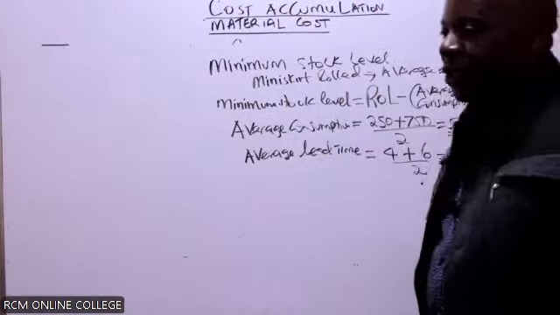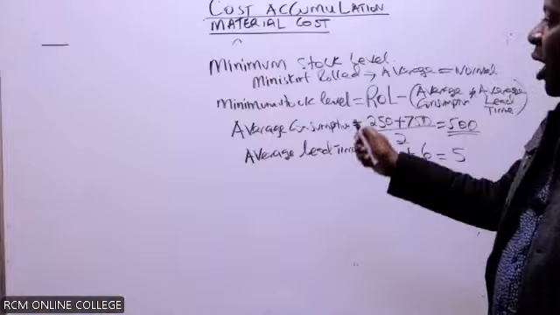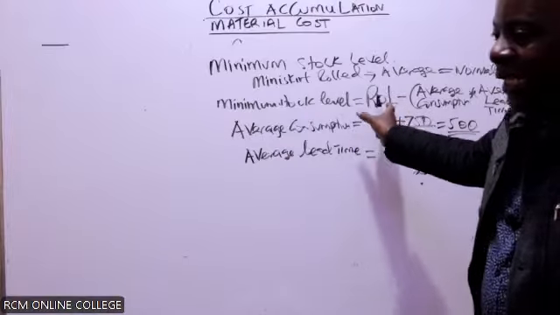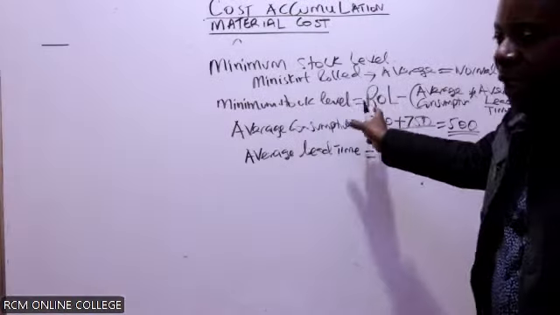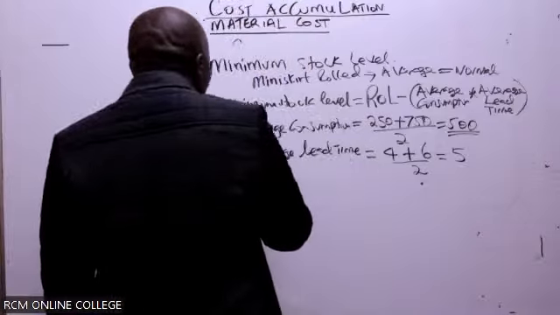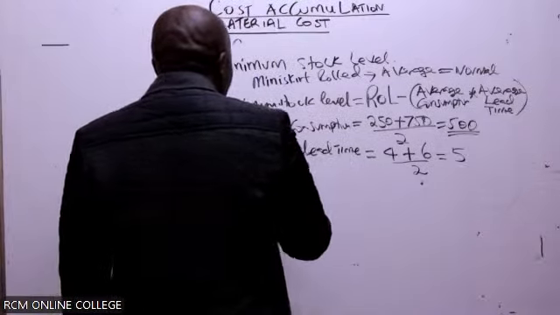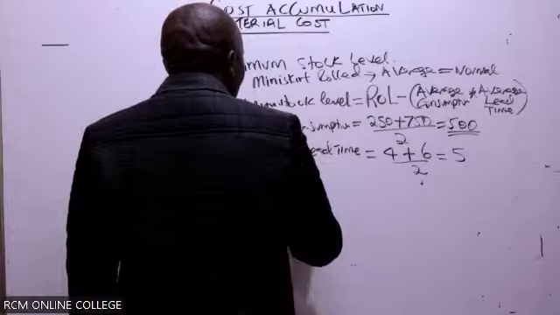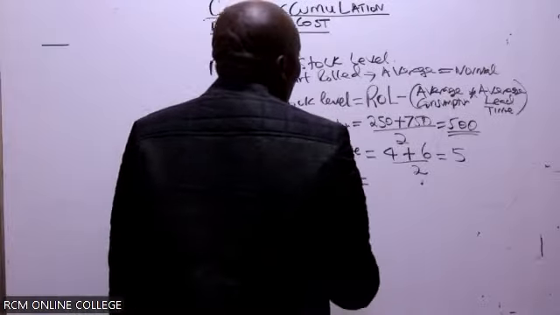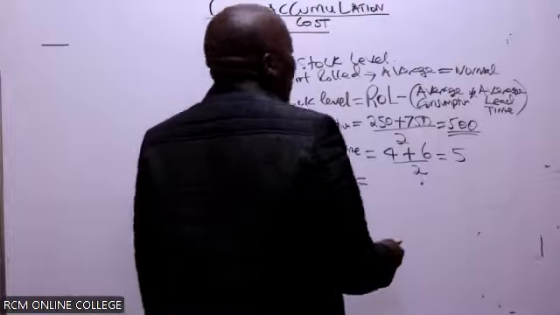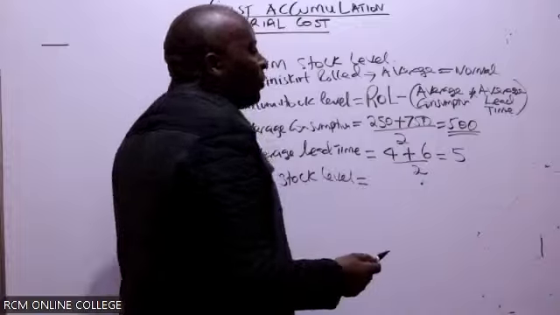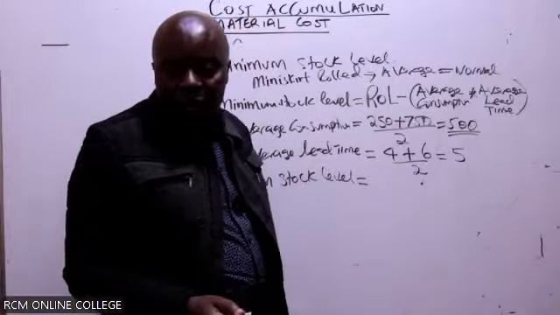Thank you very much. Now from there, I'll be able to come and get this minimum stock level by plugging in things here. So ladies and gentlemen, my minimum stock level will be equal to the reorder level. Is there anybody who is able to remind Mwalimu what the reorder level was?